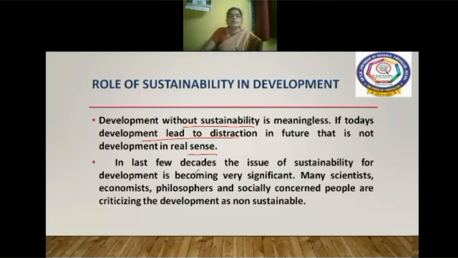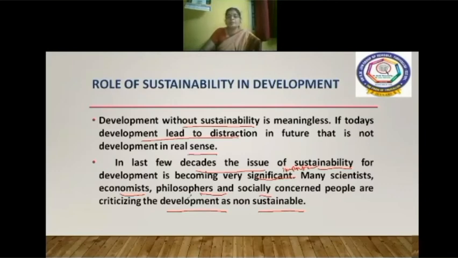In the last few decades, the issue of sustainability for development has become very important. Many scientists, economists, philosophers and even socialists are concerned about the people and are criticizing the development as non-sustainable.